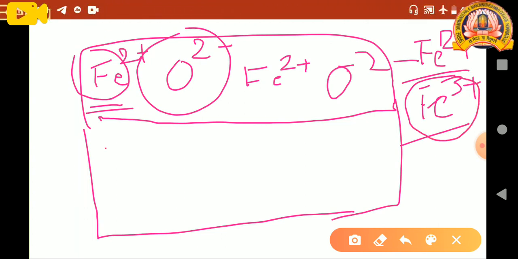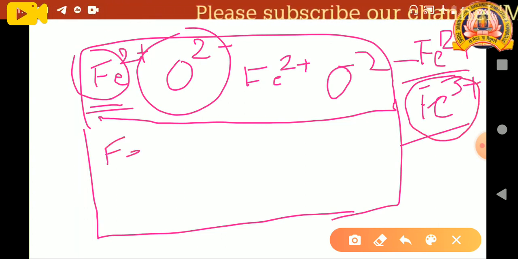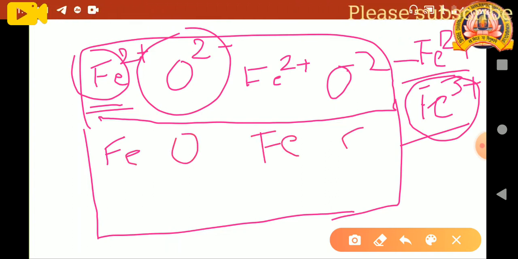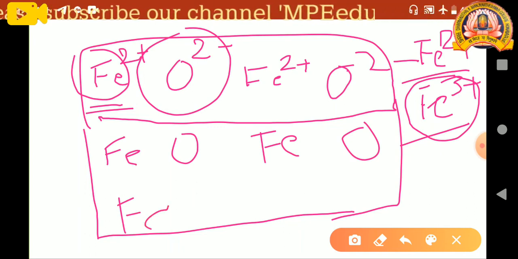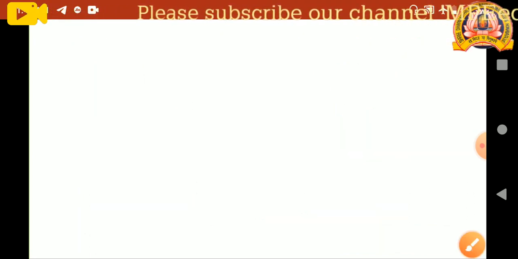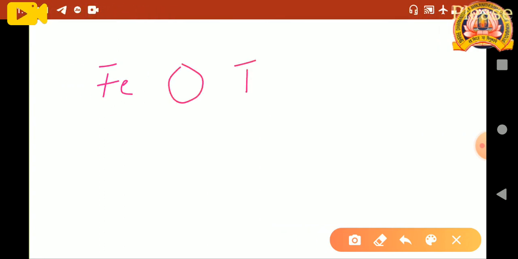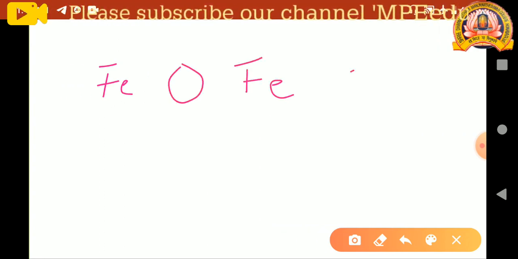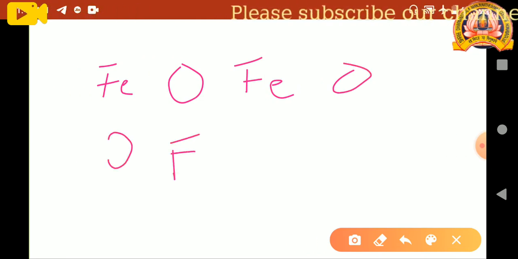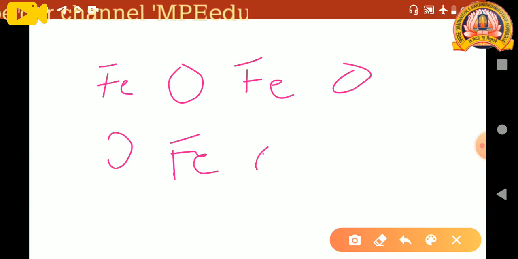One is iron plus 2, the other is iron in plus 3 oxidation state. In the defect, 3 Fe2+ are replaced by 2 Fe3+. Clearly observe the crystal.